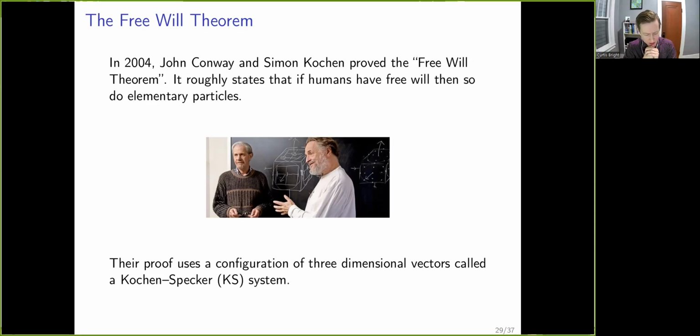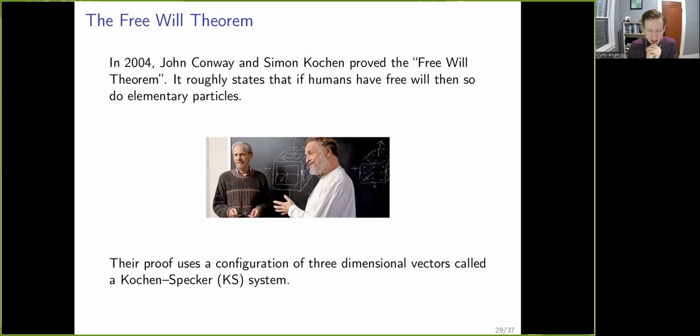But this really cool theorem that he had is called the free will theorem, which you don't often hear of, a theorem called the free will theorem. What it's saying intuitively is that if humans have free will, then elementary particles must have free will.